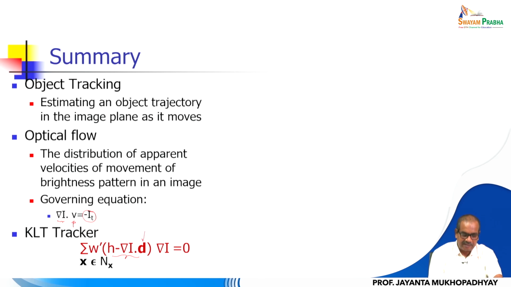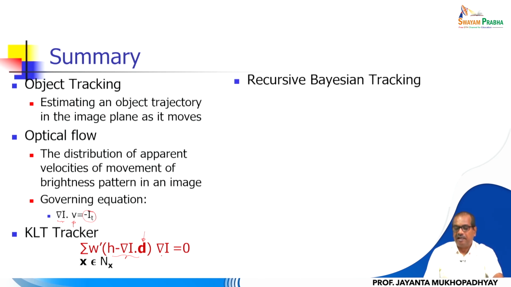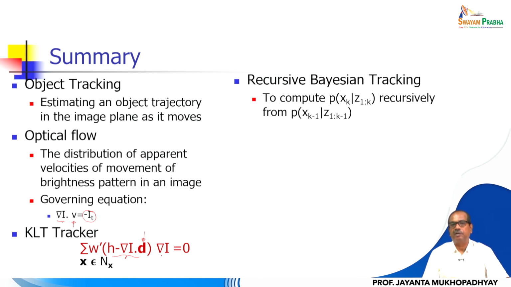You have to find the displacement D which will satisfy it, and from there you can estimate D. Then we discussed recursive Bayesian tracking, where you compute the state of an object under movement at the kth instance, given the observations from 1 to k, recursively, if you know the corresponding state information at the (k-1)th instance with its past observations only till k-1.